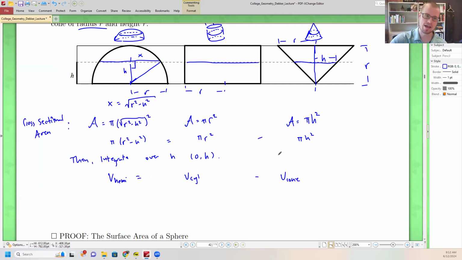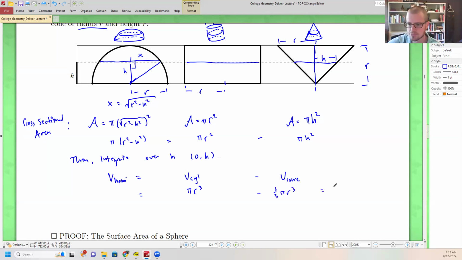Sweet, right? We didn't actually have to do any integration here. We just have notationally what's going on, which is wonderful because it gives us formulas that we already know. So this is going to be pi r cubed minus 1/3 pi r cubed.